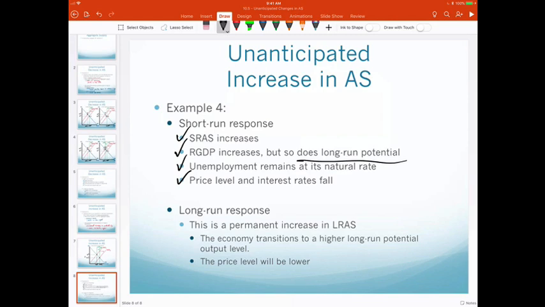So the long run response, this is a permanent increase in long run aggregate supply, so the economy transitions to a higher long run potential output. But the main thing is that we're going to have higher real GDP and a lower price level. Okay, so those are two examples of changes in aggregate supply that hopefully are helpful.